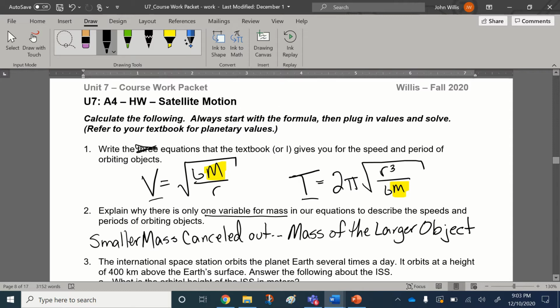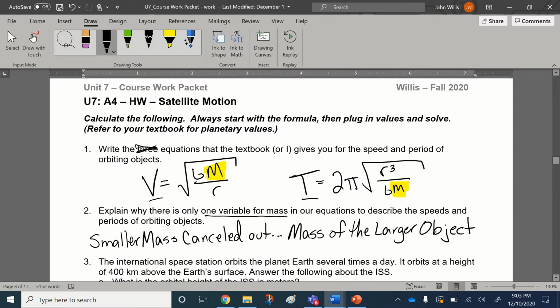If we're talking about the Earth and an artificial GPS satellite that we put up there to help our, I don't know, Google Maps operate appropriately, then it's going to be the mass of the larger object. The satellite is orbiting the planet Earth, or the moon is orbiting the planet Earth, or our star is orbiting the center of the galaxy, right?